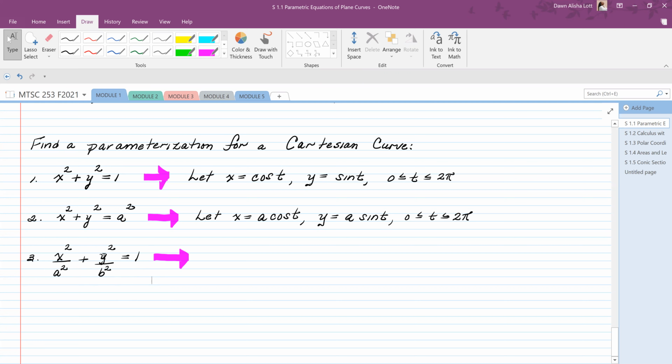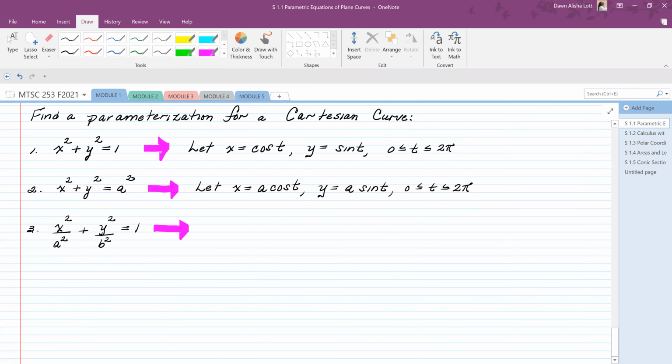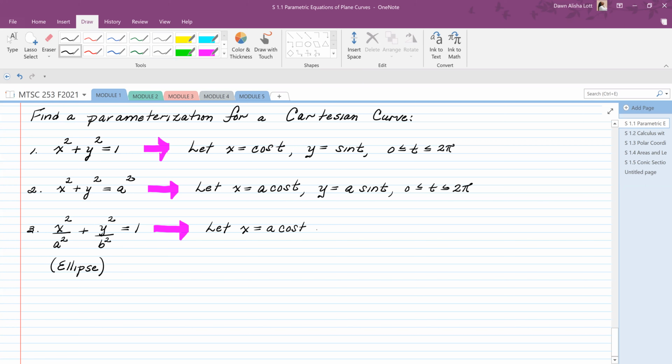Okay, that's an ellipse. So I can let x equal a cosine t and y equal b sine t, 0 less than or equal to t less than or equal to 2 pi. And that'll trace out the whole ellipse.